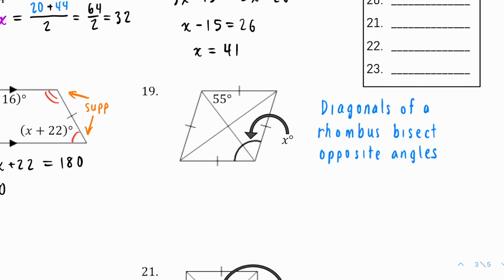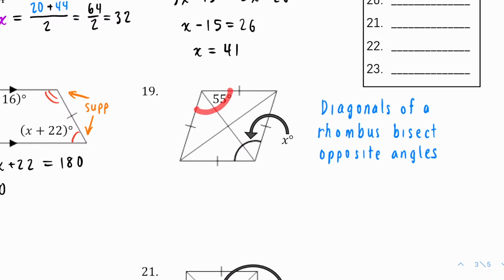Diagonals of a rhombus bisect opposite angles. So this angle is being bisected by the diagonal. This angle is being bisected by a diagonal. If this angle is being bisected and this half of it is 55, then the other half of it is also 55, otherwise it wouldn't be halves.